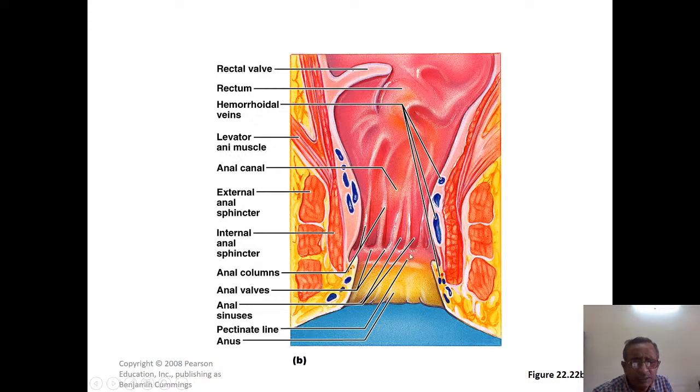These are all covered by simple columnar epithelium, whereas the intermediate zone between the Hilton's line and the pectinate line is covered by stratified squamous epithelium, and the anal wedge is covered by skin. So here we have three types of coverings: the skin, stratified squamous epithelium, and then simple columnar epithelium.